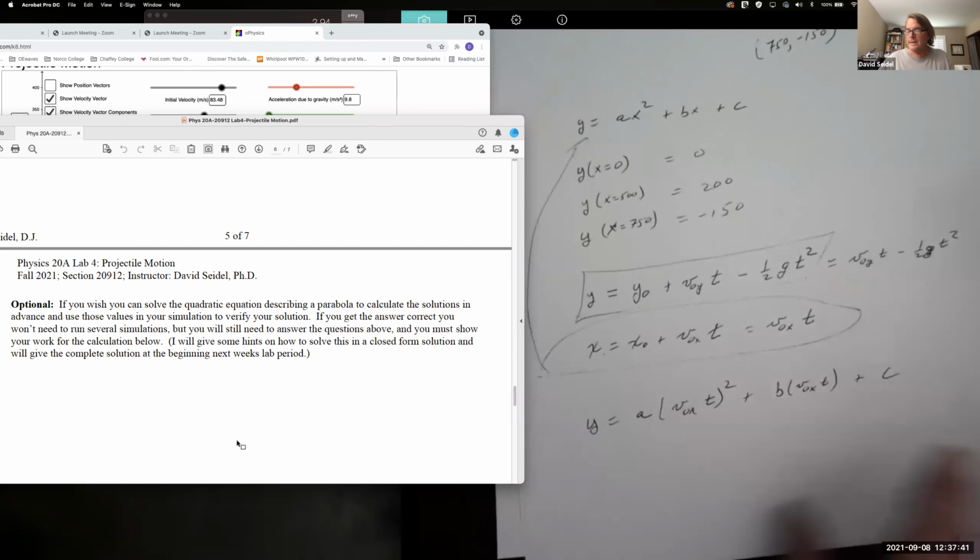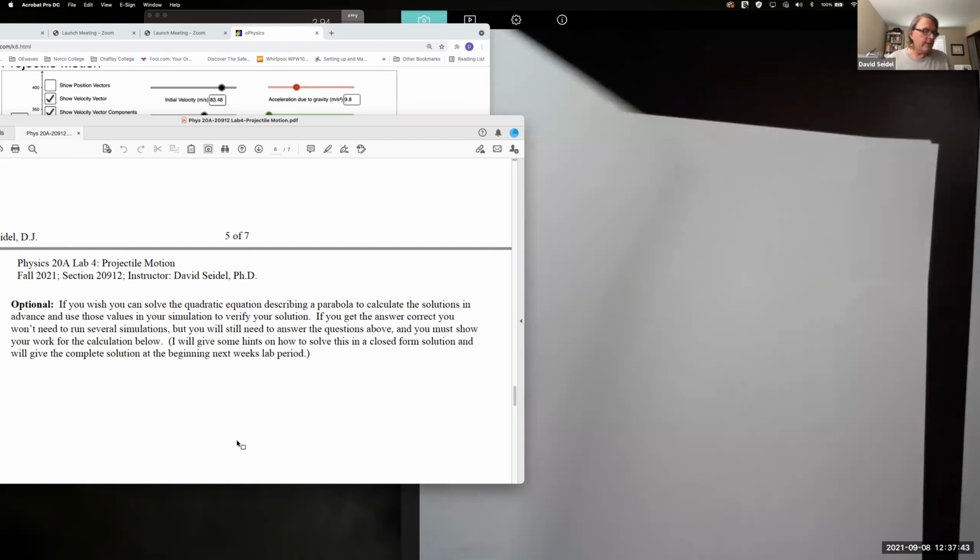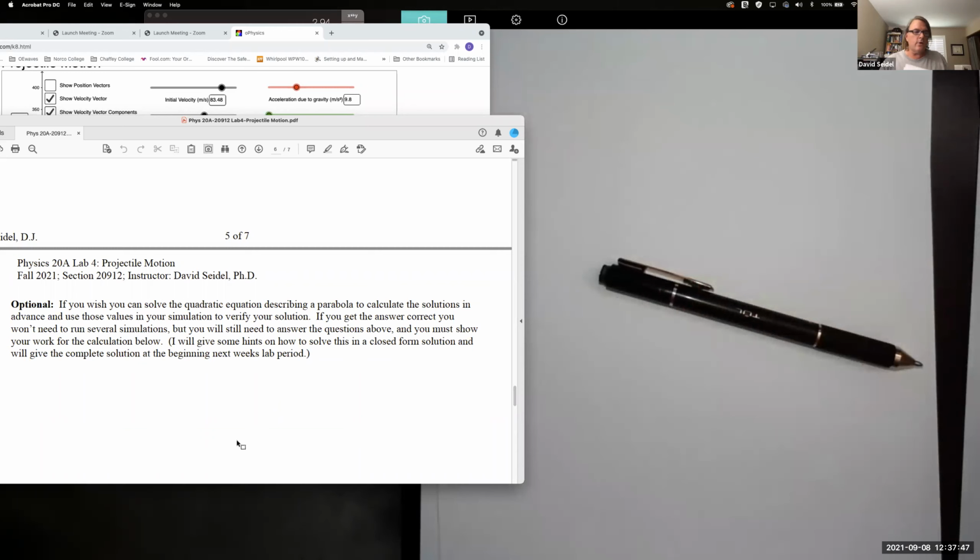So that's actually a lot of hints to solving this. But hopefully you can look at how that's one of the ways that we go to try to solve equations like this. So that's the end of what we have for today. Any questions?